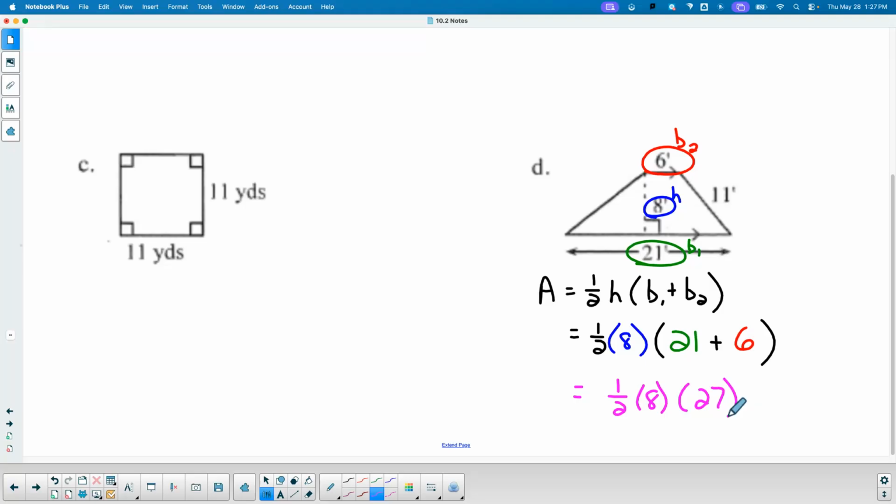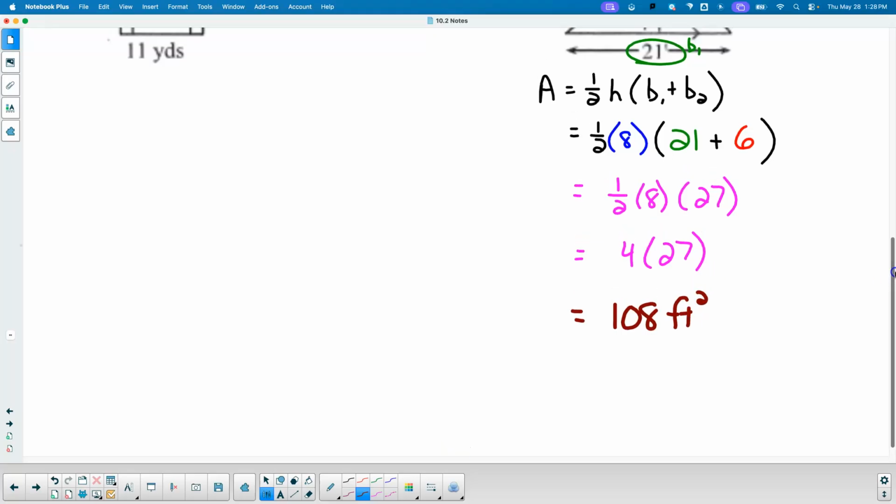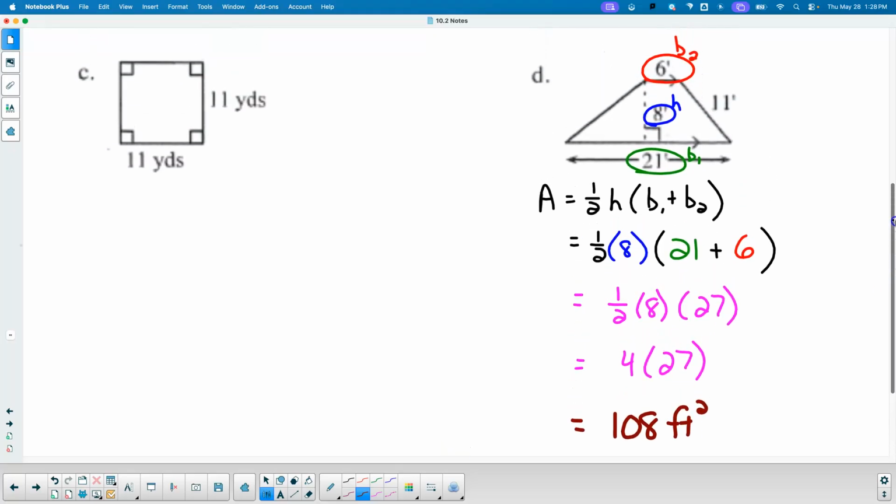One half times 8 is 4, times 27 is 108. I believe the label was feet. Yep.